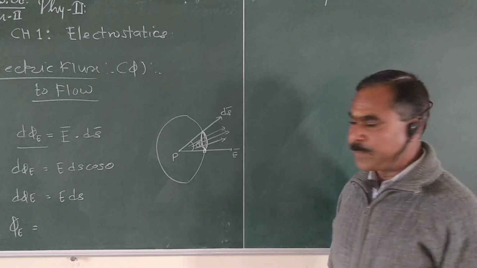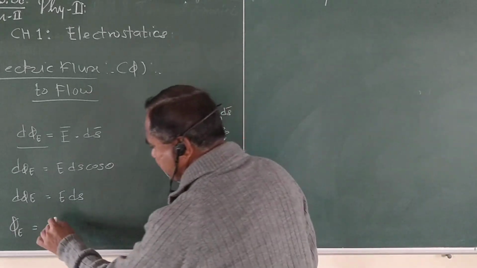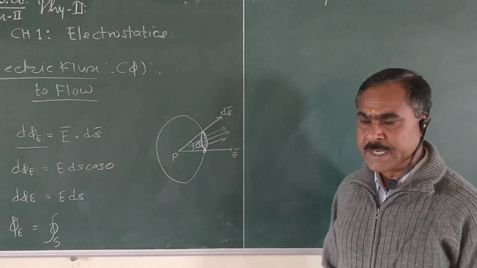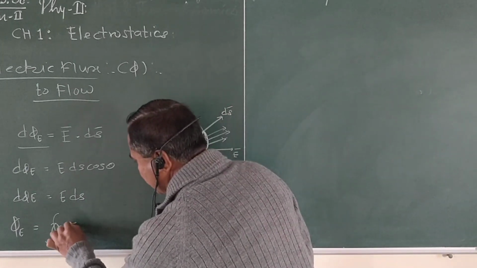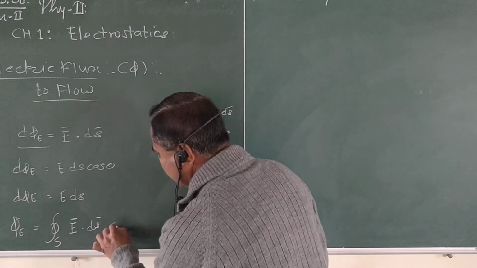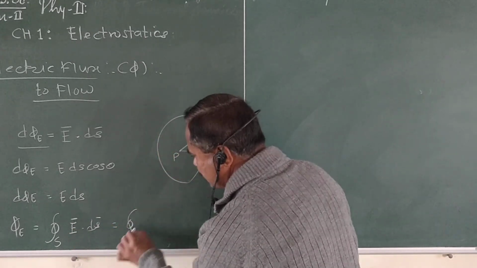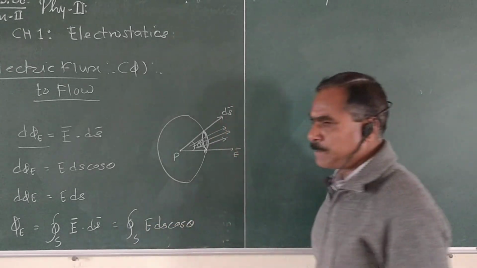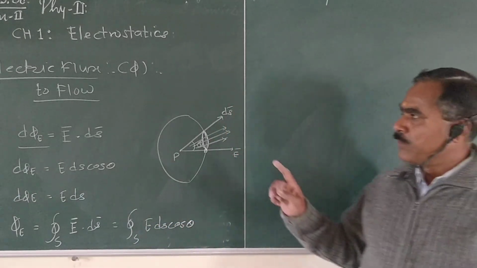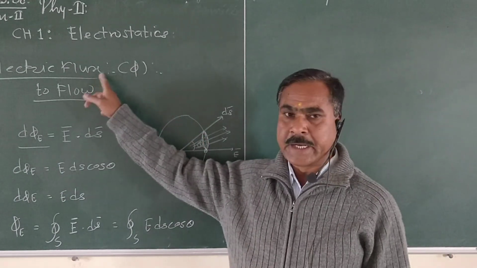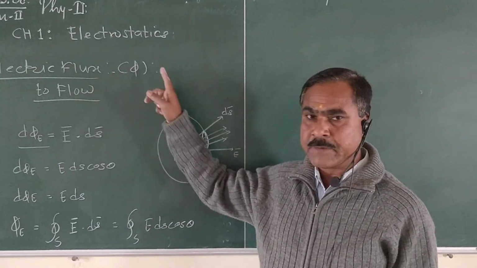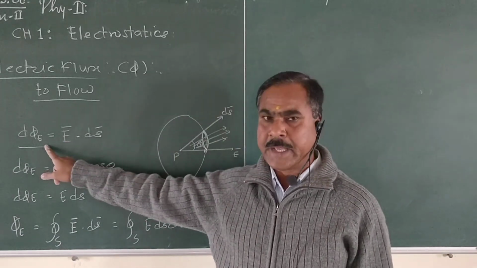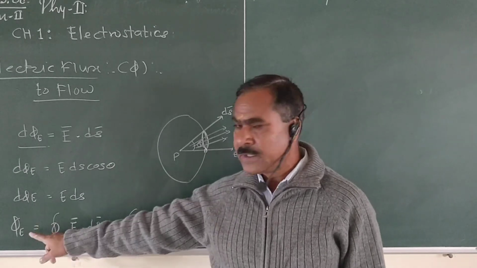The total electric flux passing through the closed surface is the closed surface integral of E bar dot ds bar, that is equal to the closed surface integral of E ds cos theta. Electric flux is denoted by the letter phi. A small amount of electric flux is denoted by d phi e, and total electric flux is phi e.